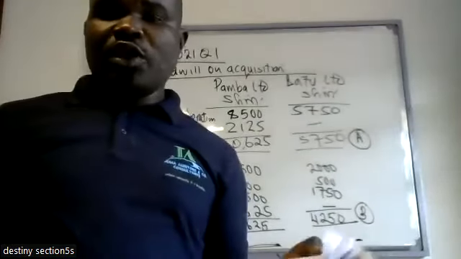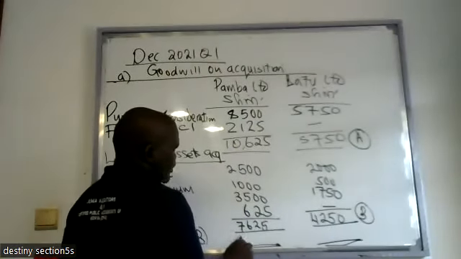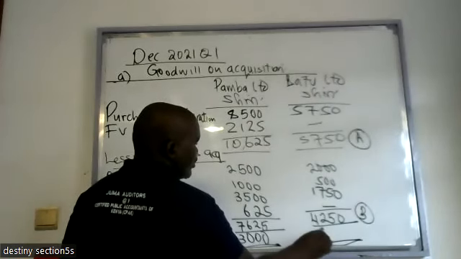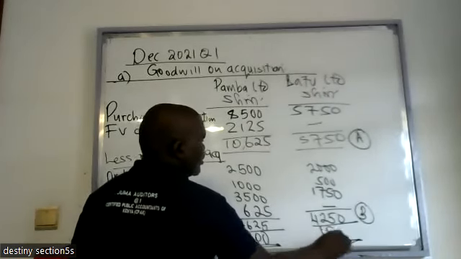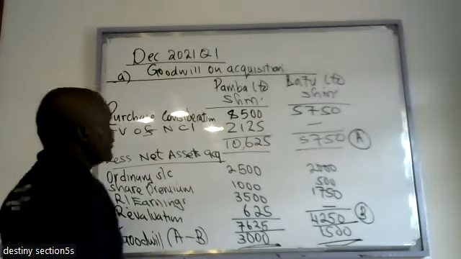I can see there goodwill 3,000 and 1,500. So this is 3,000. This is 1,500. And we get our 4 marks.